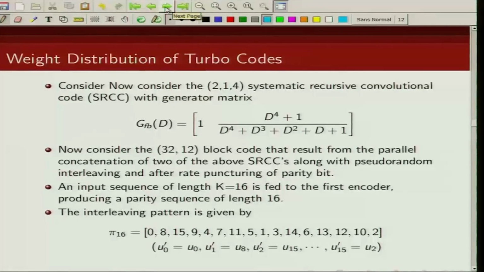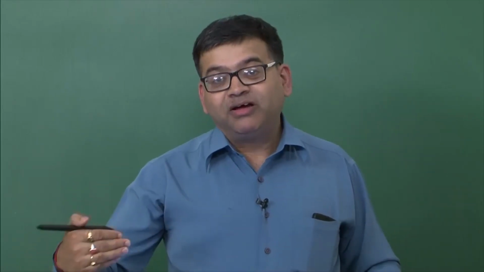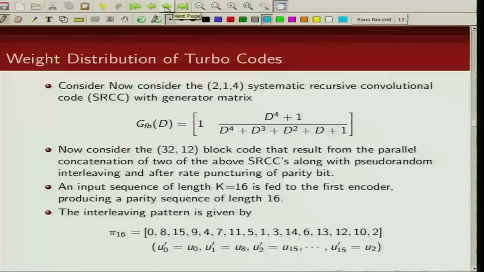Remember we are trying to get to the distance profile of a parallel concatenated code, and the distance profile depends on what type of interleaver we are using. So in this particular example we are specifying one such interleaver pattern.